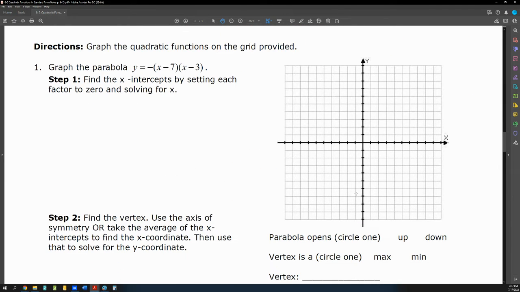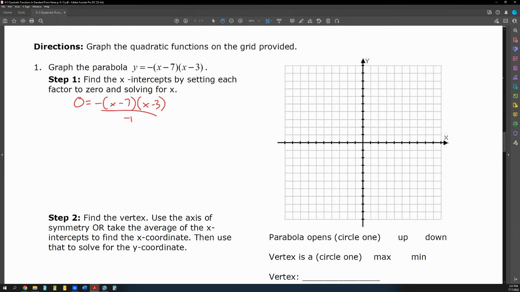So for question 1, graph the parabola y equals the negative times the quantity x minus 7 times the quantity x minus 3. So we're going to find the x-intercepts by setting each factor equal to 0 and solving for x. So for x-intercepts, set y equal to 0. So negative x minus 7 times the quantity x minus 3.